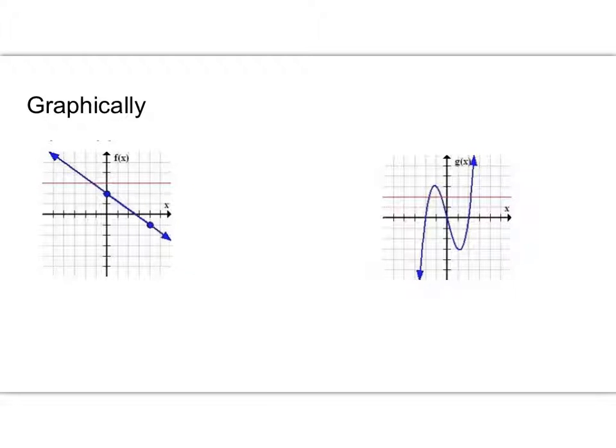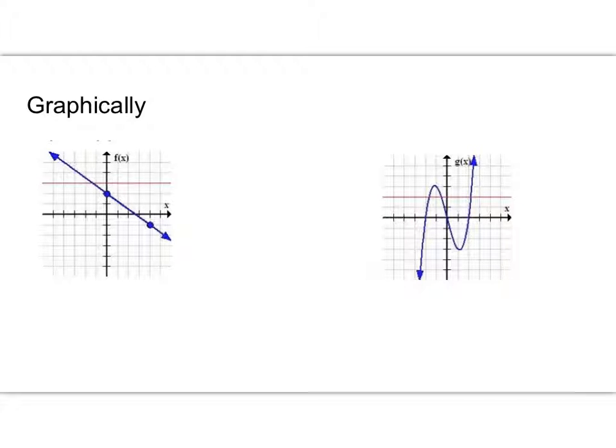So what does that look like graphically? Well, we have something called the horizontal line test. Let me grab my little laser. Okay. If I look at this and draw horizontal lines, there is nowhere where I get 2 values.